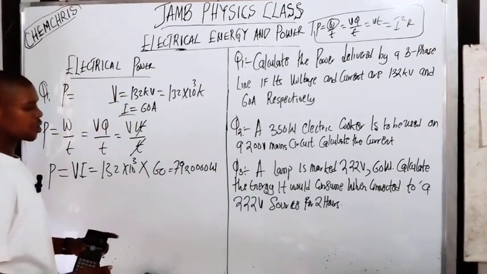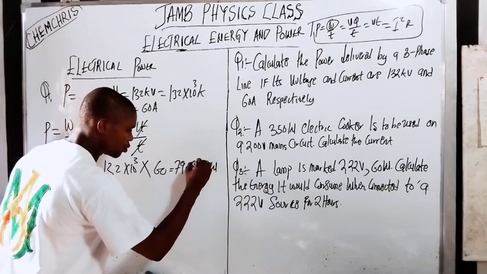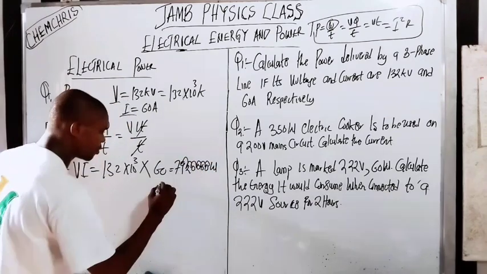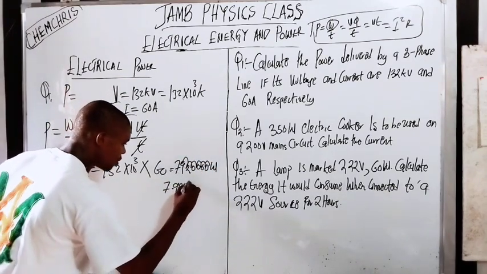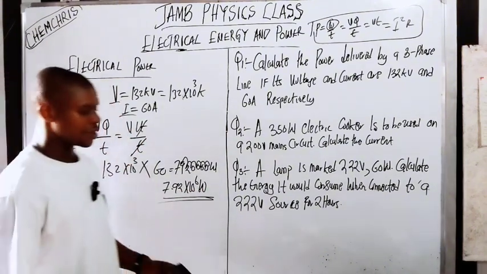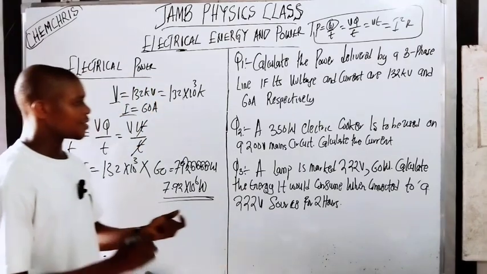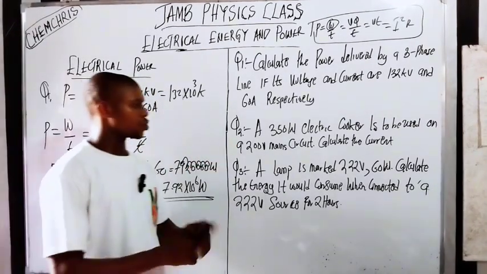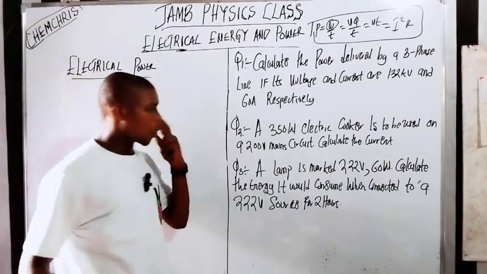But now let's convert it to standard form: 1, 2, 3, 4, 5, 6, so it will be 7.92 times 10 power 6 watts. That is the answer. Do you understand? As easy as that. So let's go to question 2.